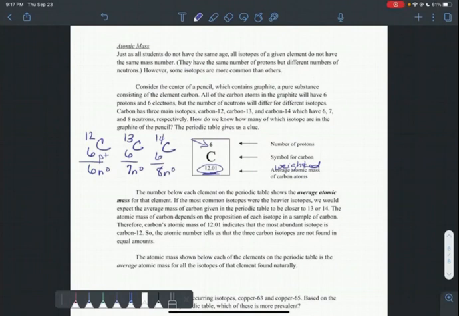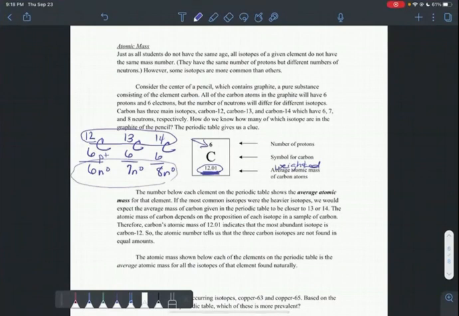So what we know is that this weighted atomic mass is the weighted average of the atomic mass of all of the isotopes. Protons and neutrons are the parts that give off mass, so it's going to be somewhere in this range of numbers.